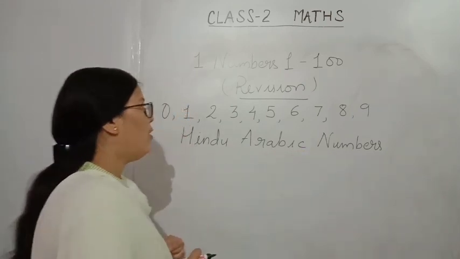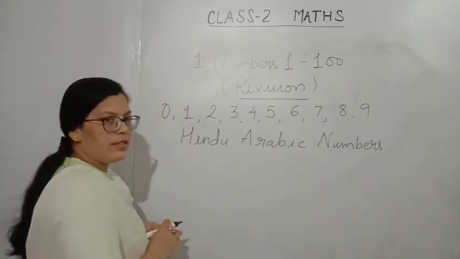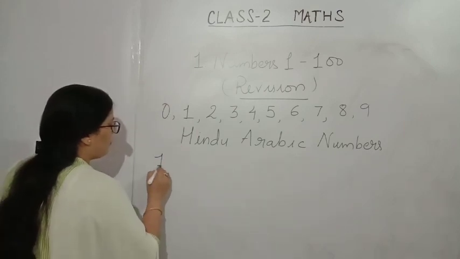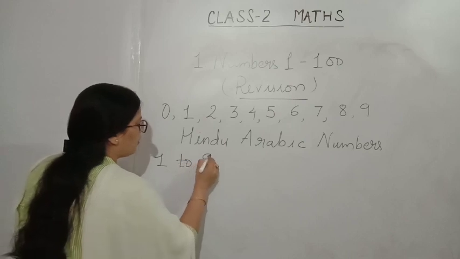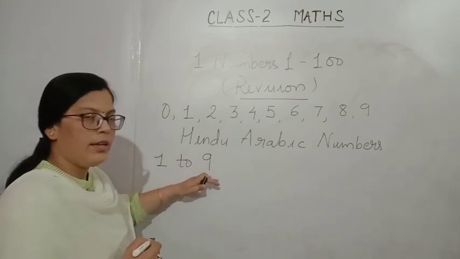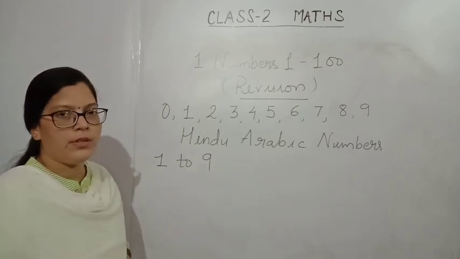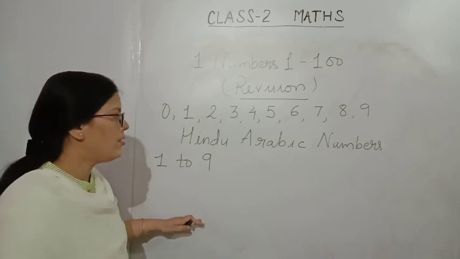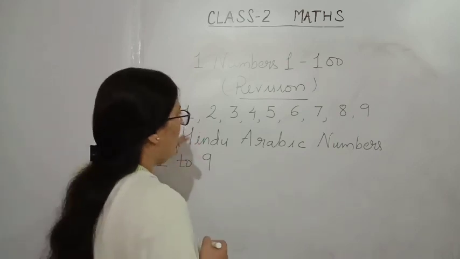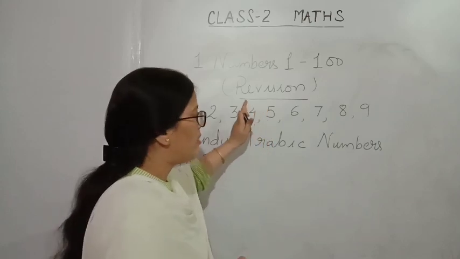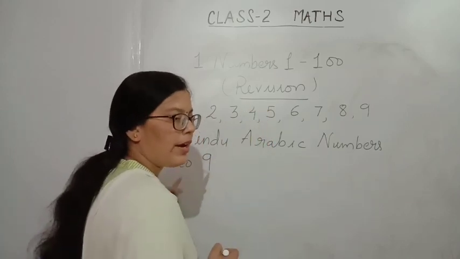Now let's start with one digit numbers. The numbers from 1 to 9 are one digit numbers. Why are they called one digit numbers? Because here we are using only one single symbol or digit to form the number.